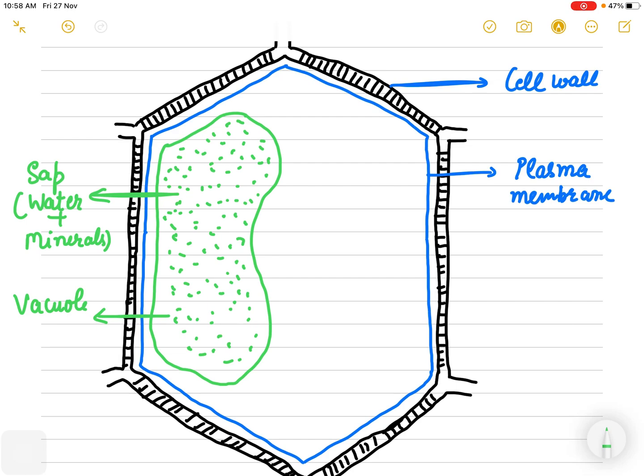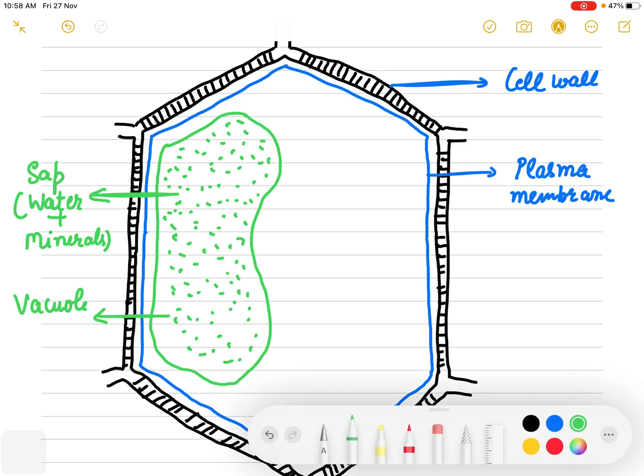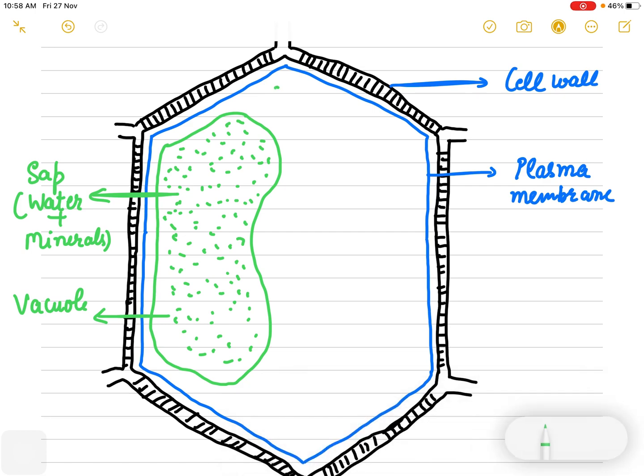Now there is another very important structure which is not present in the animal cell, which is very helpful for the plant cell to make its own food. Can you guess it? Which structure helps plants make their own food?